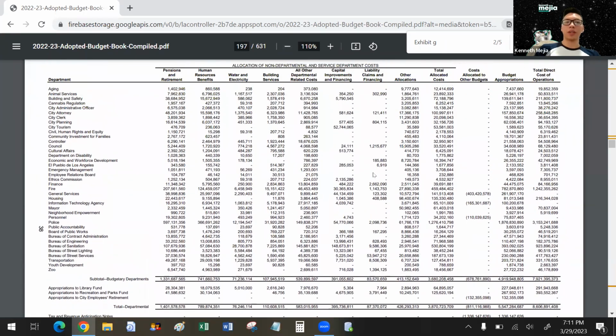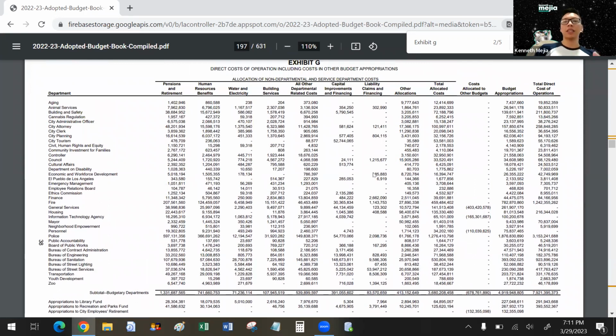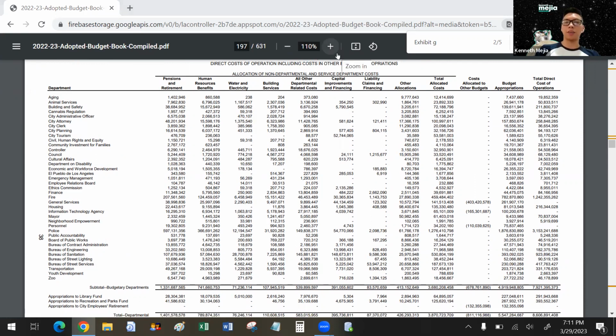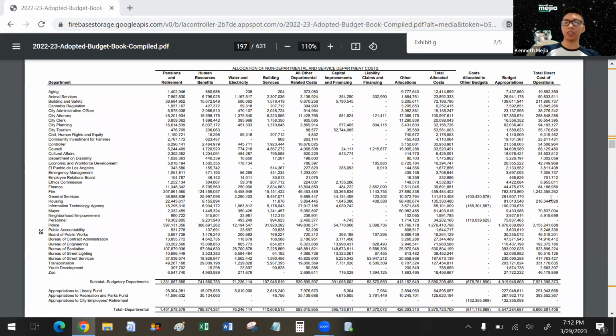Now, the way it works is our city budget for departments consists of two things. They consist of the operational budget of a department, and then the total other allocated costs to those departments. If you add the operational budget of each department plus all other costs related to that department, that's how you get this total direct cost of operations.